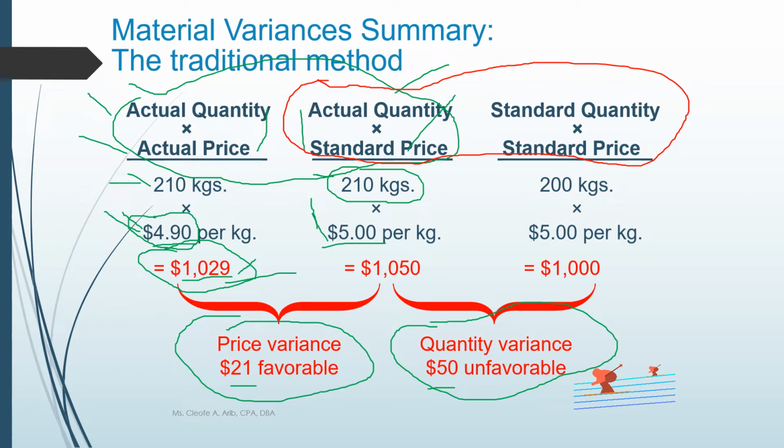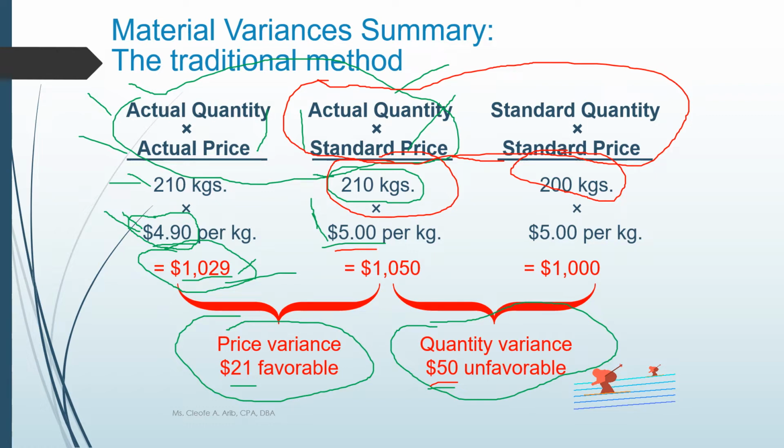Now, if you notice with the formula, they have a common factor, which is your standard price. So if I will solve this, I will just simply get the difference between my actual quantity of 210 and my standard quantity of 200 kilograms. That will give me how much? 10 kilos. And then I will multiply that by 5, which is our standard price. And I will still get $50 unfavorable variance for your quantity variance.